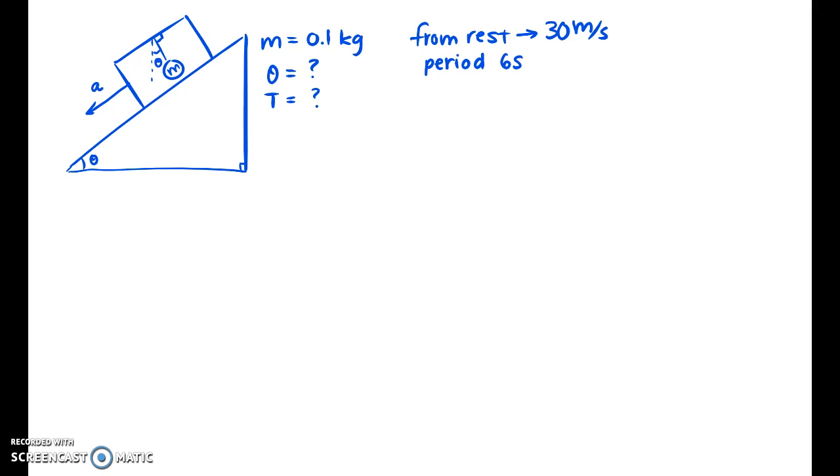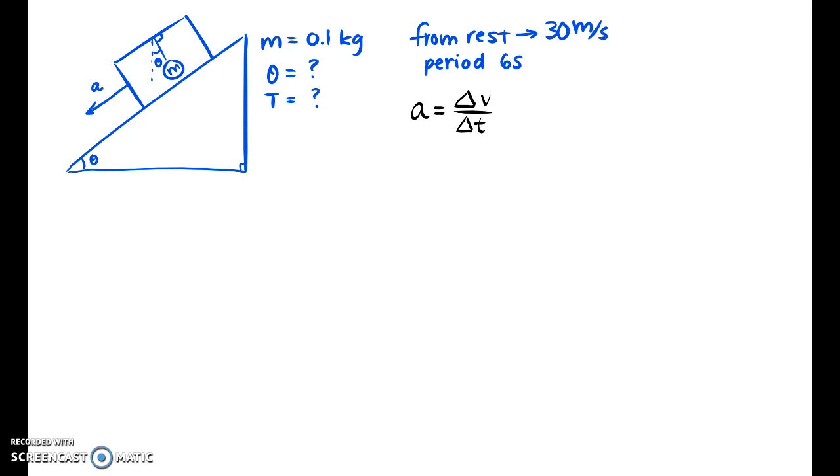In order to do that, we first need to figure out the acceleration which the car goes through, namely a. So we know that acceleration is equal to delta v over delta t, where delta v is the difference between the final and initial velocities, and delta t is how long the change in velocity takes.